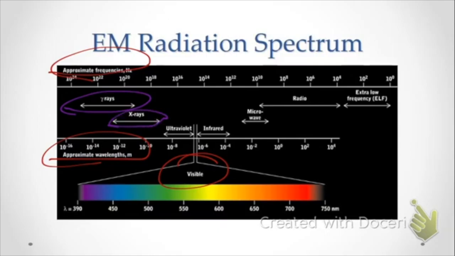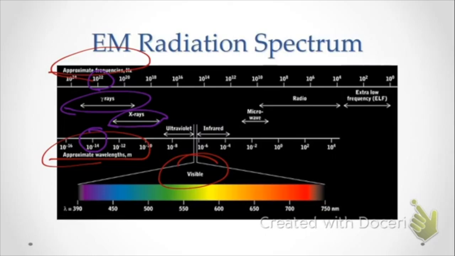We'll notice that on the left side, with the higher frequencies, we also have the much shorter wavelengths. So when we talk about gamma rays with, say, something on the order of 10 to the 22nd hertz, then we might be talking about very small wavelengths, on the order of 10 to the minus 14, 10 to the minus 13 meters.